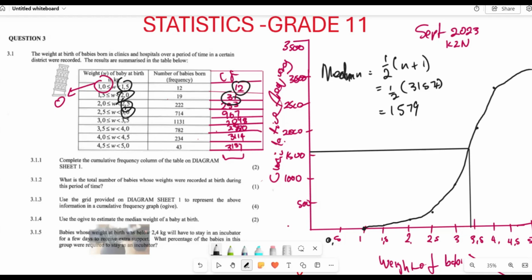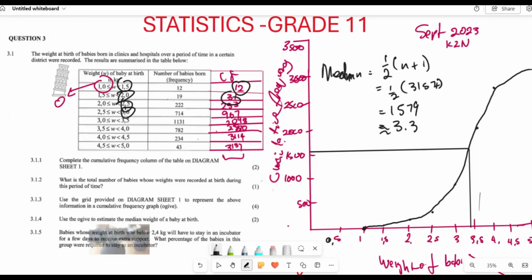So your median is going to be just around 3.3 approximately. So let's just approximate 3.3 altogether. Hopefully this one is making sense now.